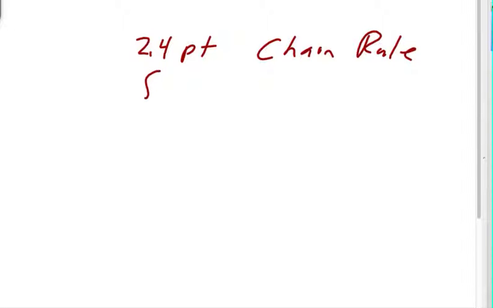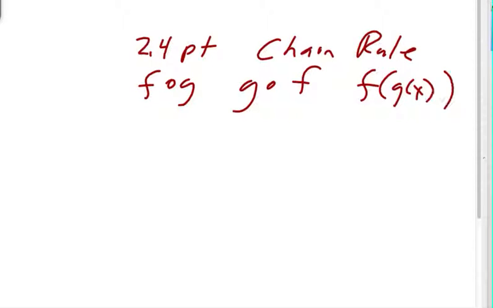These are things like f of g and g of f. If you remember, f of g is where I take g and put it inside of f. Okay, and we're going to approach these with the same basic idea.